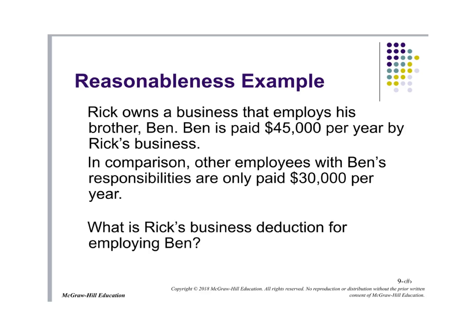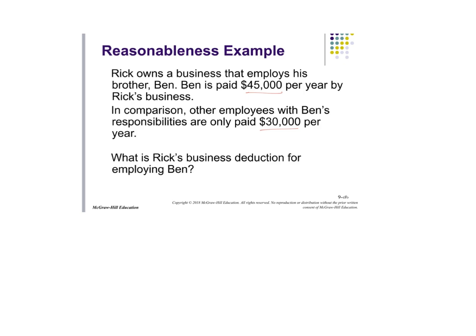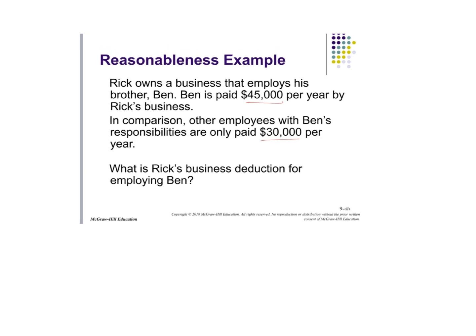So in this situation, and we've talked about an example like this already this semester, Rick owns a business that employs his brother Ben. Ben is paid $45,000 a year by Rick's business. In comparison, other employees with Ben's responsibilities are only paid $30,000 per year. What is Rick's business deduction for employing Ben? Well, what is reasonable?